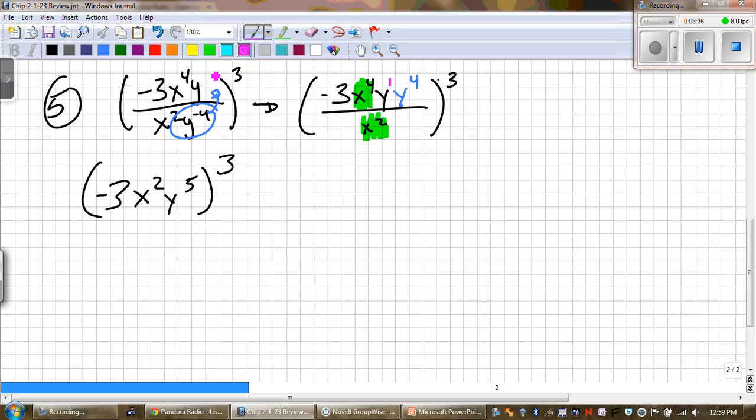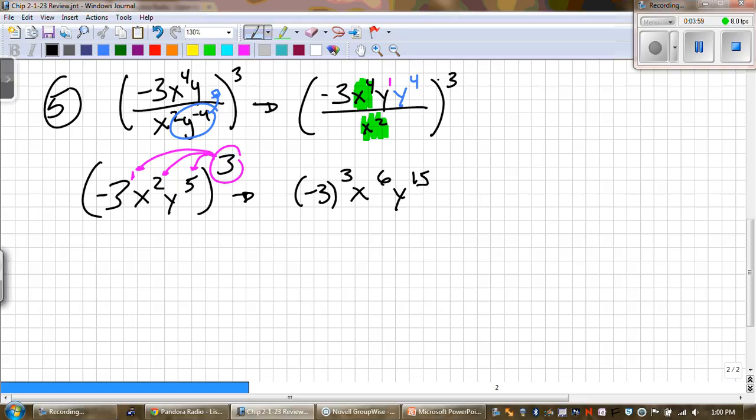We want to distribute that to everything, so I'm going to draw my little lines. And what this means is that we have negative 3 to the 3rd power, x to the 6th, because we have to multiply those.